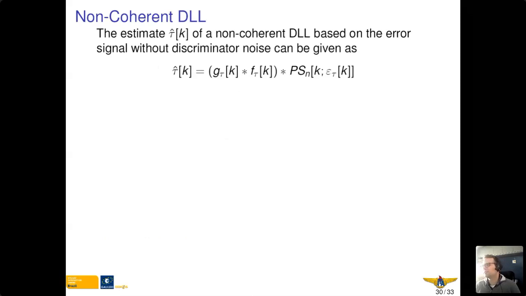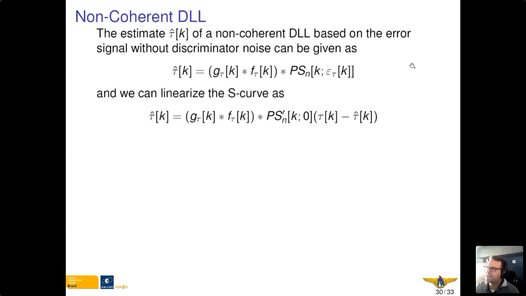So this star here is convolution, convolved with the loop filter, and convolved with the integrator, right? So the output of the integrator, which is the tau hat of k, is the complete description of how the error signal after the discriminator is processed by the loop filter and this integrator.